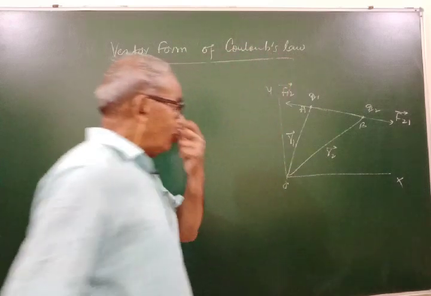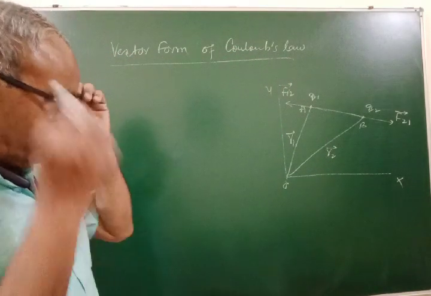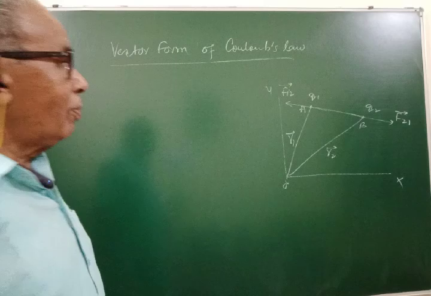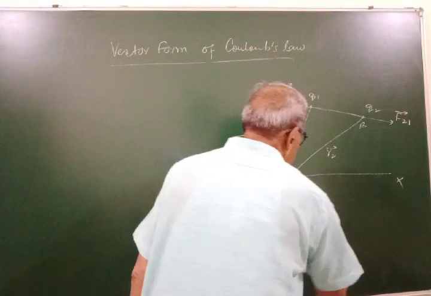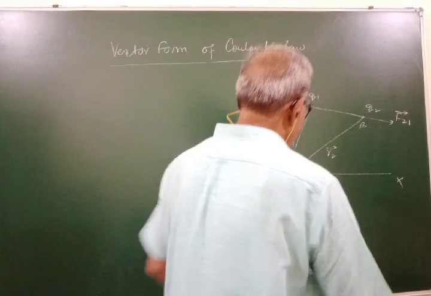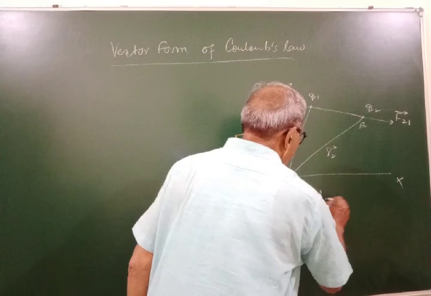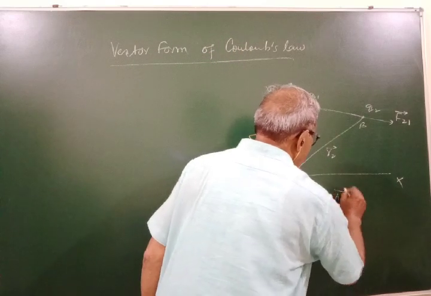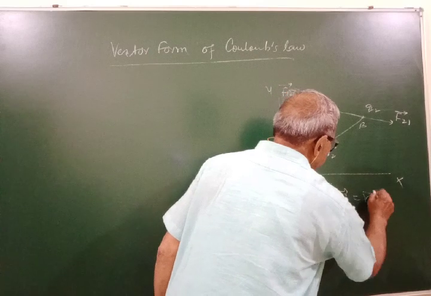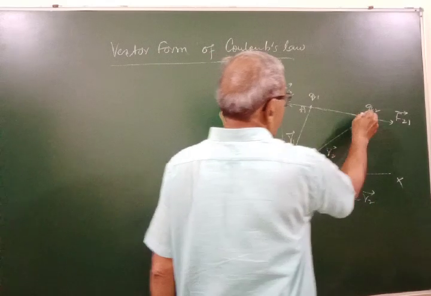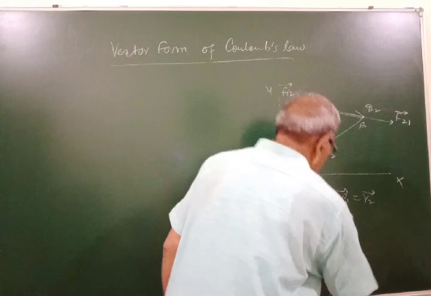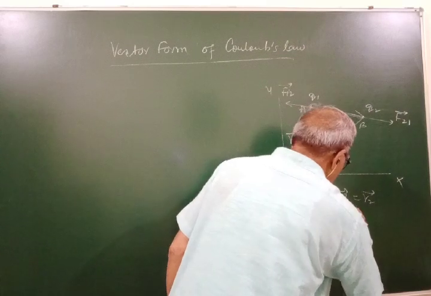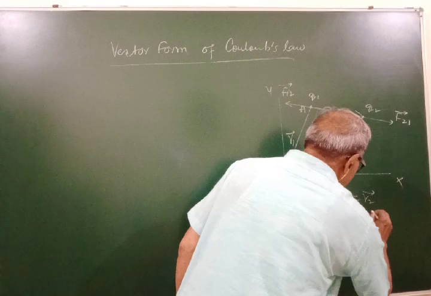If you remember vector addition, then r1 plus vector AB is equal to r2. If the direction of AB vector is left to right like this, vector AB is equal to r2 minus r1.